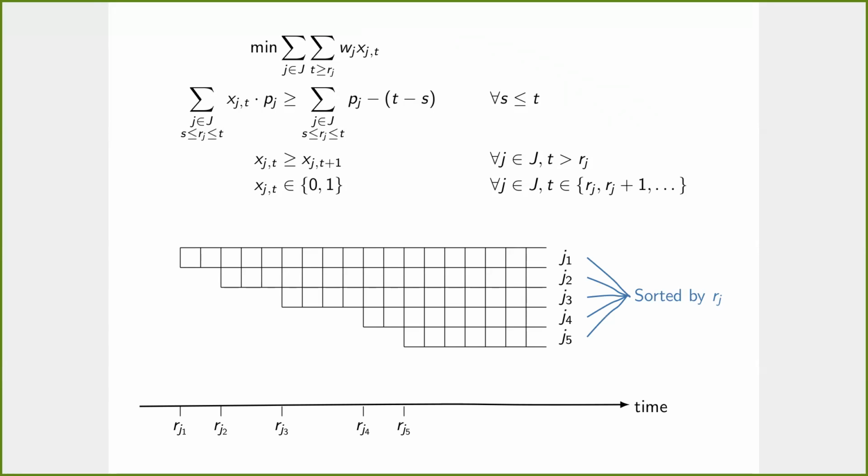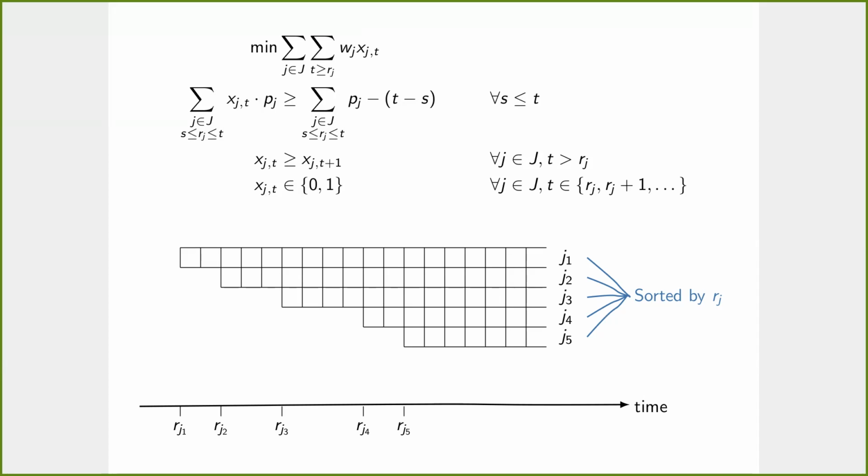To explain what it means, let me introduce the following picture. In this picture, the x-axis is the time, and we assume that we are in discrete time, so there are units of time. Because everything is small in the input, we can assume that we have this discrete time, and on the y-axis, we have sorted the jobs by the release time.